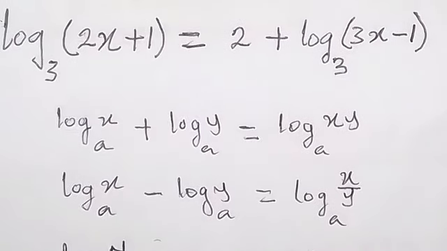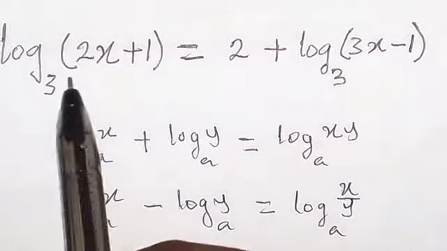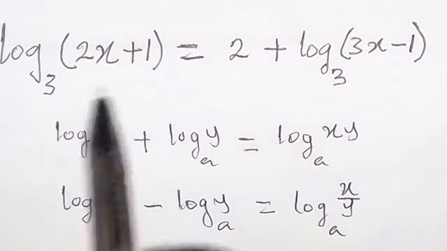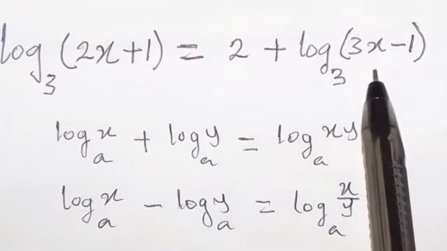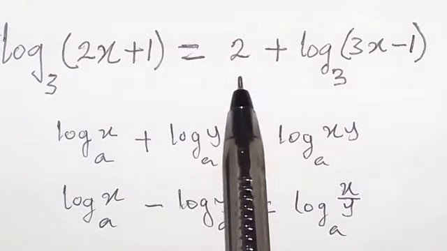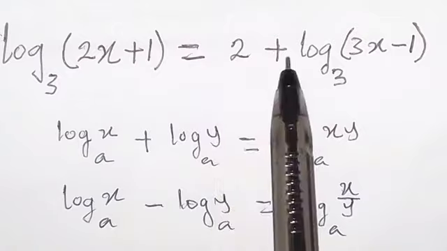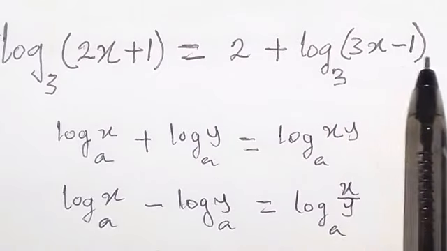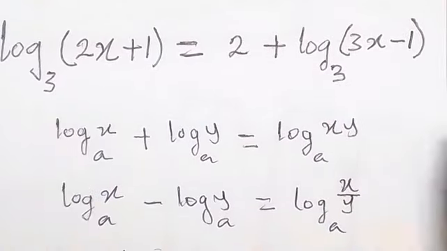Now quickly let's look at the question given to us. We have log (2x plus 1) base 3. Let's collect the logs to one side. Plus log (3x minus 1) base 3 comes here and becomes minus.